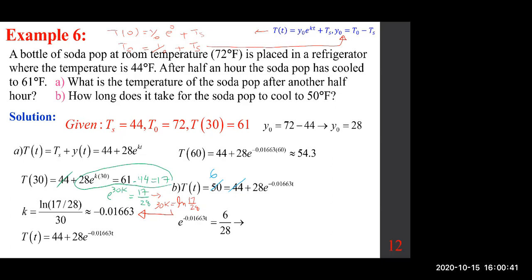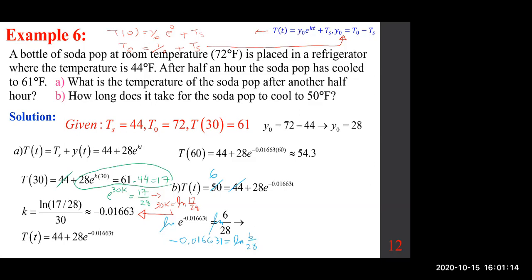Take a natural log of both sides. So if I take a ln of this equal to ln of that, then I get negative 0.016631 equals ln of 6 over 28. I can say ln 6 minus ln 28. It doesn't matter.